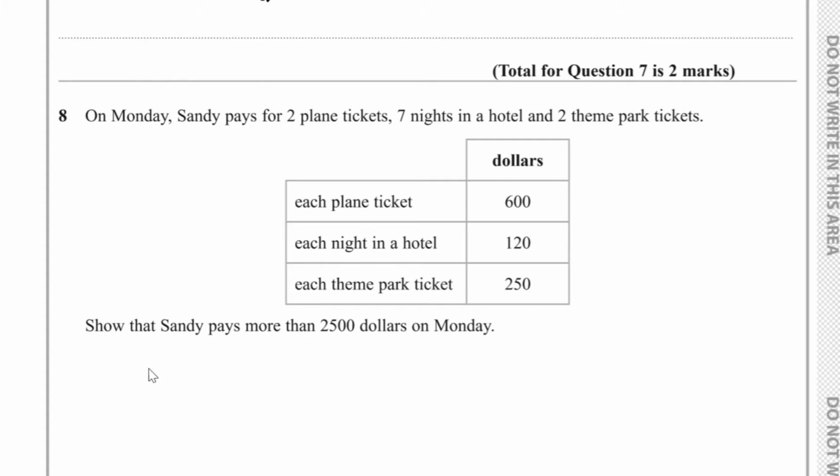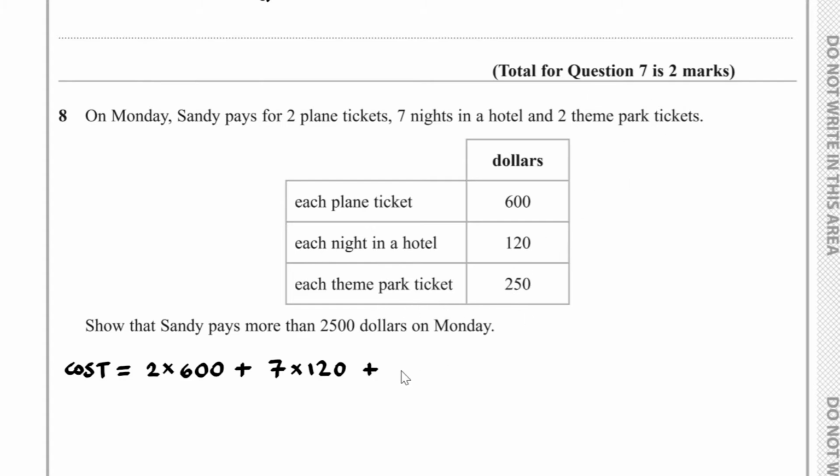Well, what will the cost be? The cost is equal to, well, we've got 2 plane tickets, so we've got 2 times 600. What we also have are 7 nights in a hotel, so we've got 7 times 120, and then we have each theme park ticket costing 250.